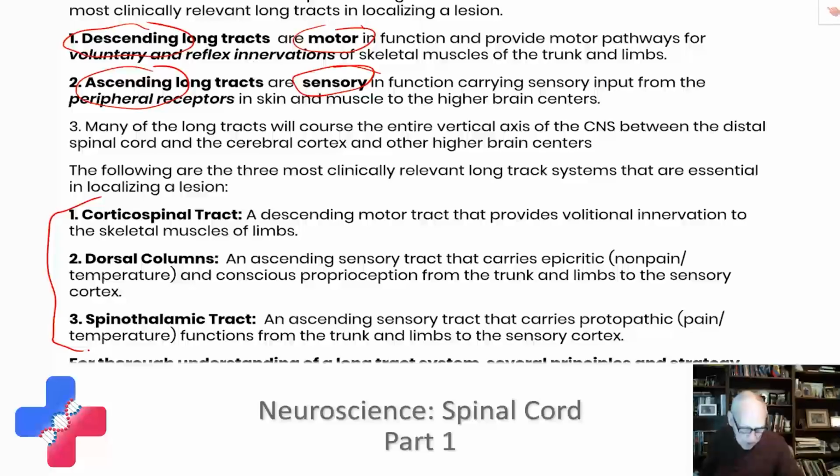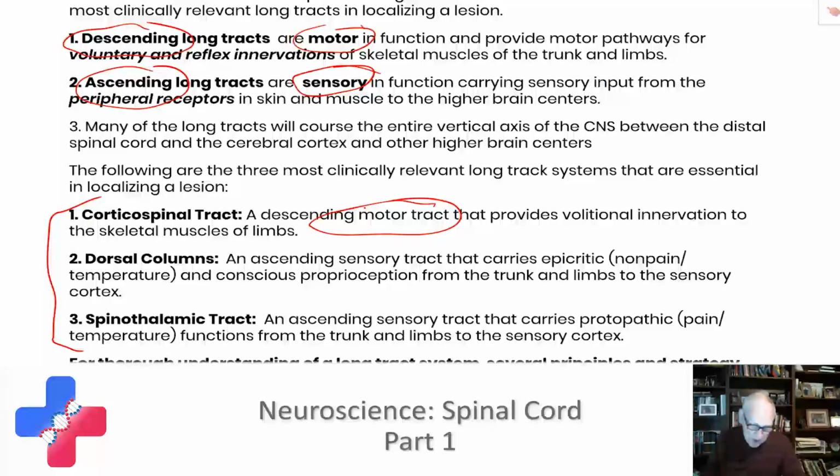And of these three, number one, corticospinal is the only descending motor system we'll give special attention to. We'll mention a few others, but this is our main and most important of about 6 descending motor long tracts within white matter, because this is the only descending motor system that's dedicated to your limb muscles.